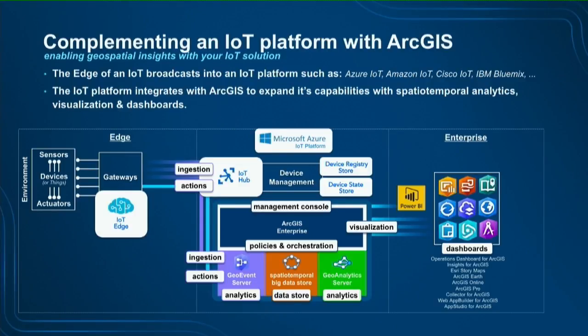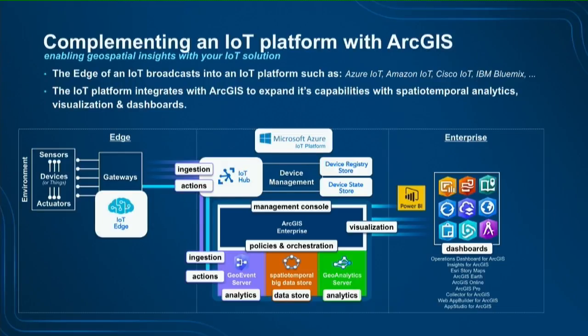And so the edge of this would basically be communicating into an Azure IoT or whatever IoT platform you choose. And that IoT platform would be connected into GeoEvent Server, typically through input connectors that we have. So we have connectors for a large variety of these different cloud providers. And then results can be sent back to Azure as well.